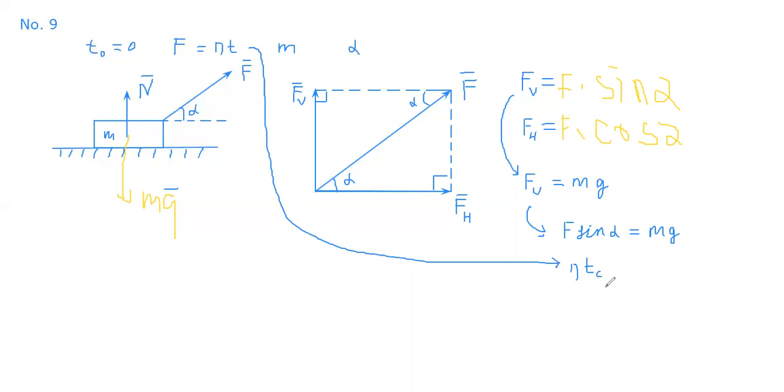It makes the condition. Okay, let's write this as c, the time of taking off. Eta t_c sin alpha is equal to mg.